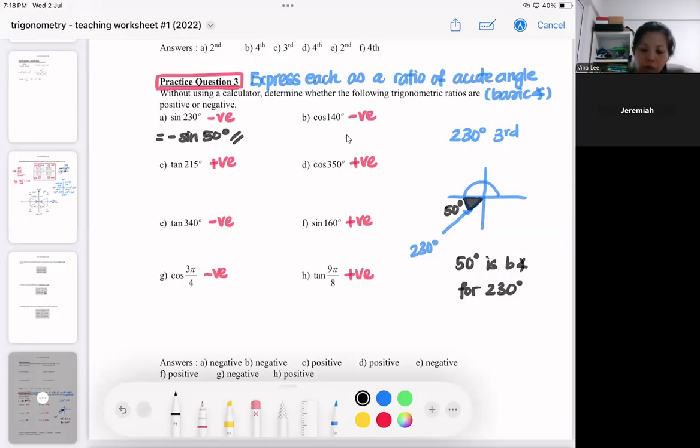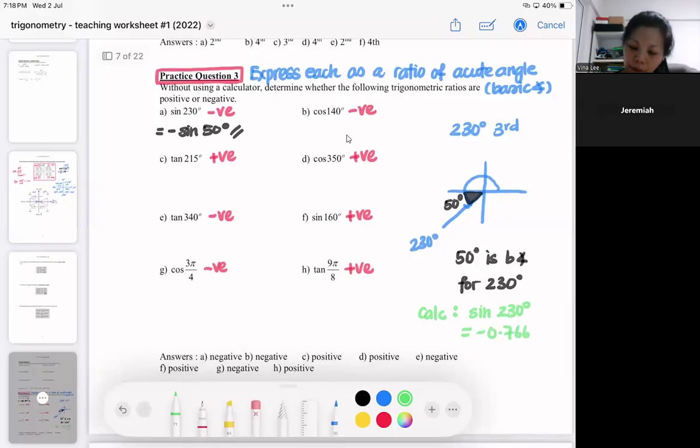How will you know that it's correct or not, Jeremiah? You can use your calculator. Sine 230: if you press sine 230, you will get negative 0.766.